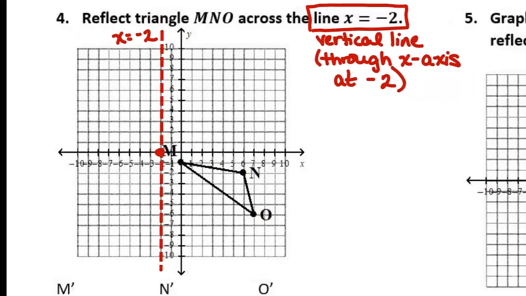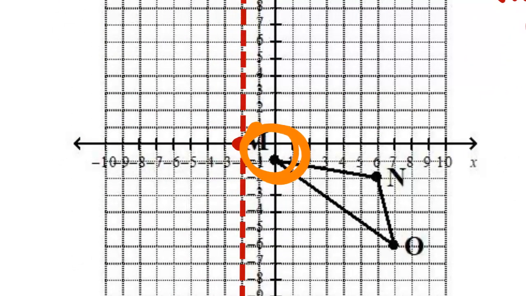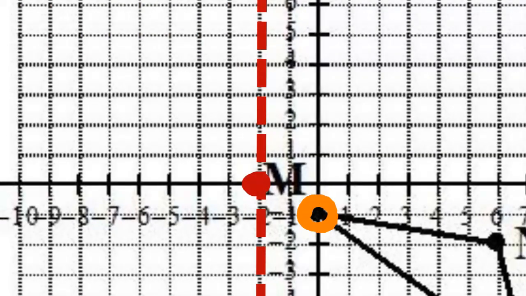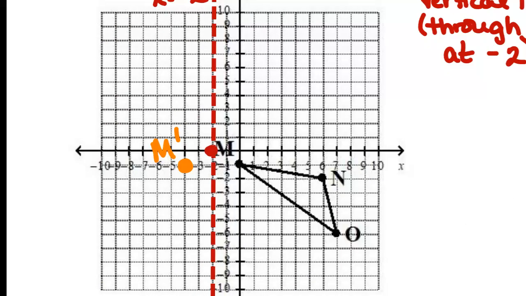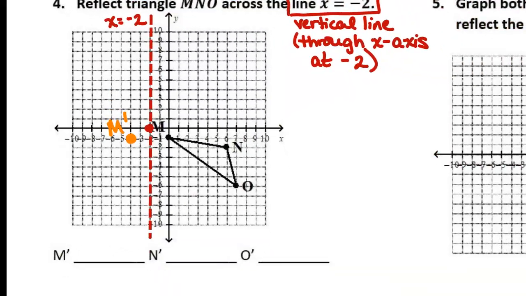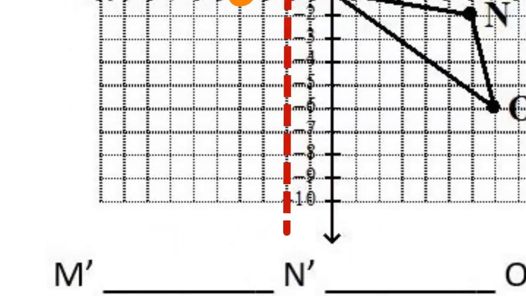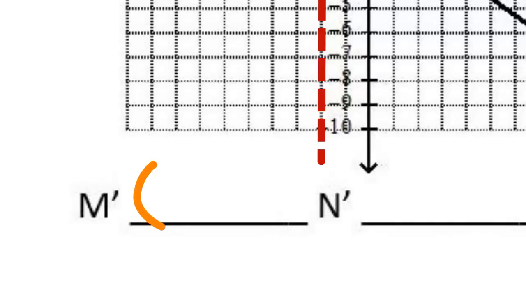So for example, if I want to reflect point M, how many hops would it take to get from M to this line? 2. 1, 2. So now I'm going to go 2 hops on the other side. 1, 2. And I put down my point. There's my M prime. 2 hops to get to the line, so 2 hops on the other side. So what is the ordered pair for M prime? -4, -1 is absolutely correct.